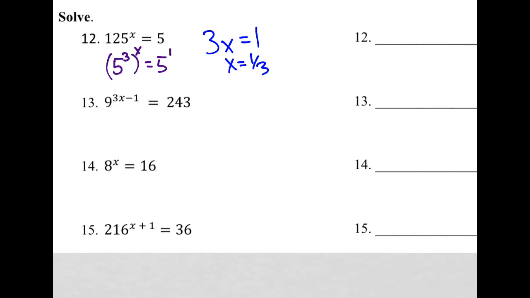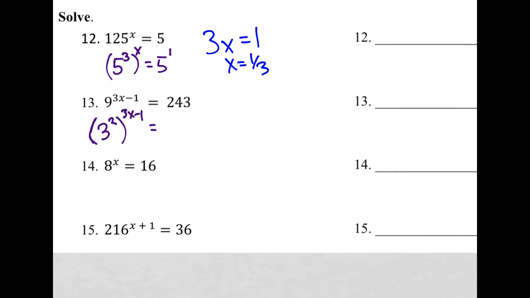Okay. Number 13, again, we've got to get the same base. If we try to use 9 as a base to get to 243, that one doesn't work. But we think 3 probably will, right? Looking at 9, that would be our other choice because it can be written as 3 squared. Okay.